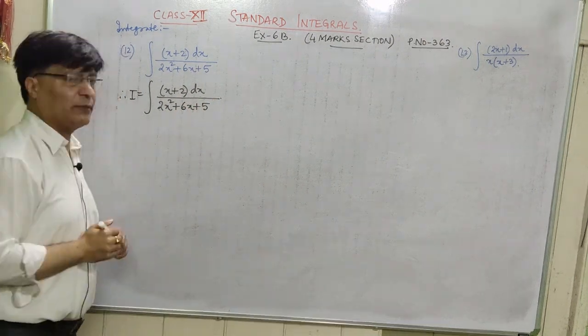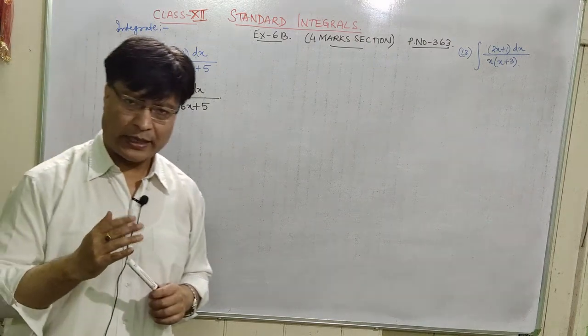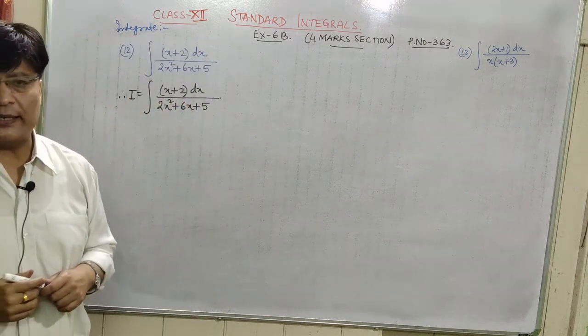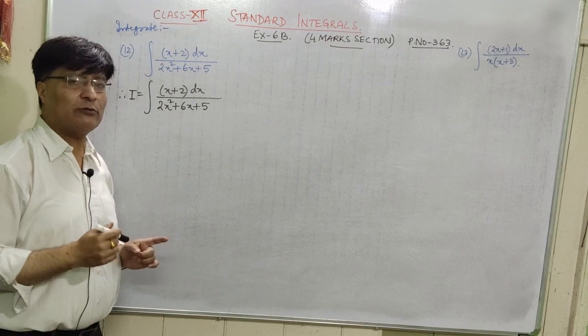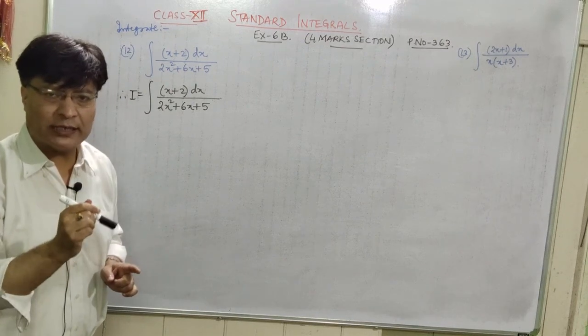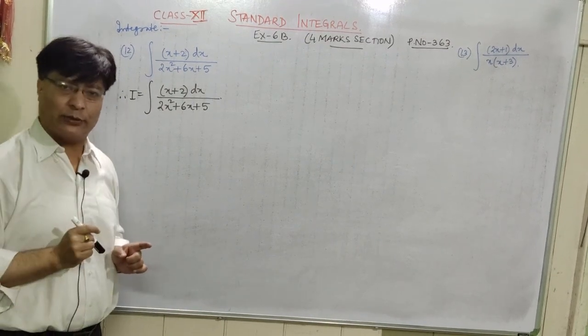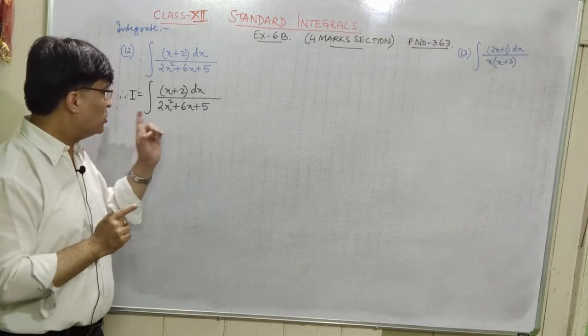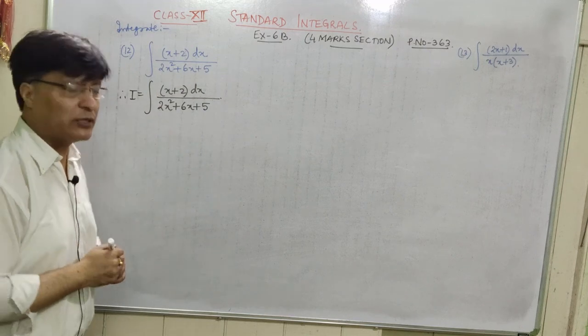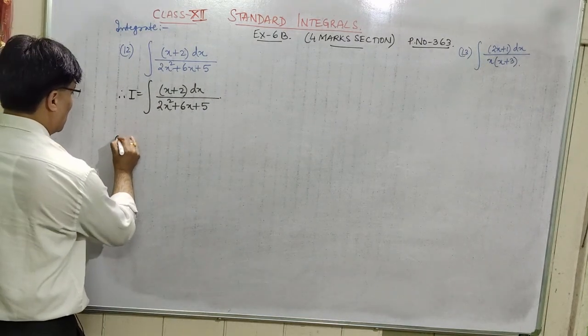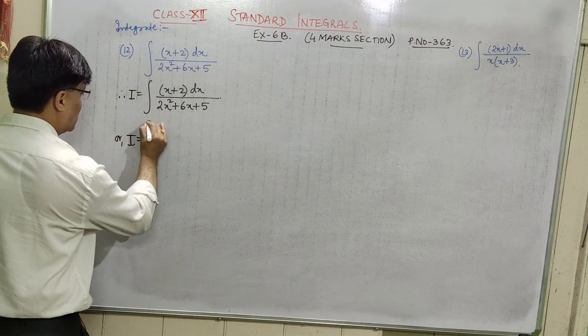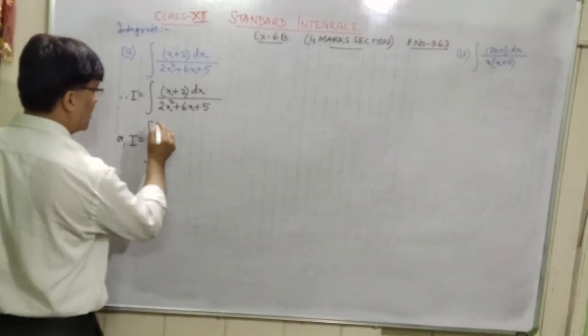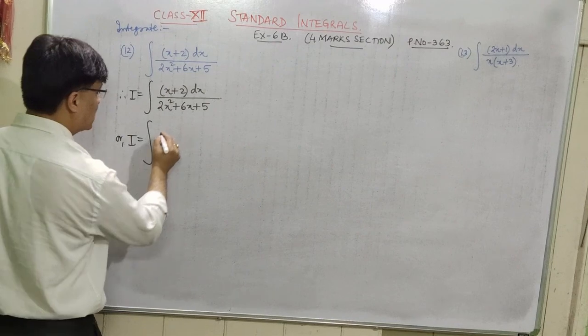So now what is the method here? If the denominator cannot be factorized, you have to write the differentiation of the denominator in the numerator. So I is equal to integral sign, what is the differentiation of the denominator?